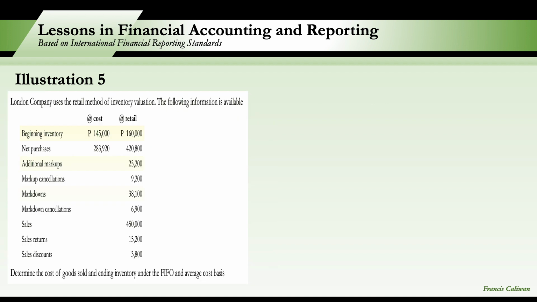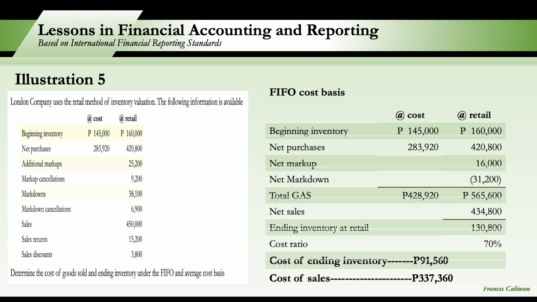Similar with the previous illustration, let us answer the problem first using the FIFO cost basis. Again, we'll start with our beginning inventory. So beginning inventory at cost is 145,000 and beginning inventory at retail is 160,000. Then we have net purchases. The problem already determined the net purchases, no?